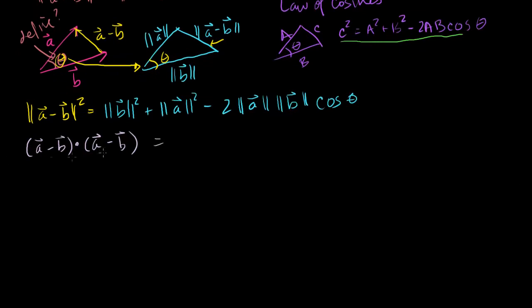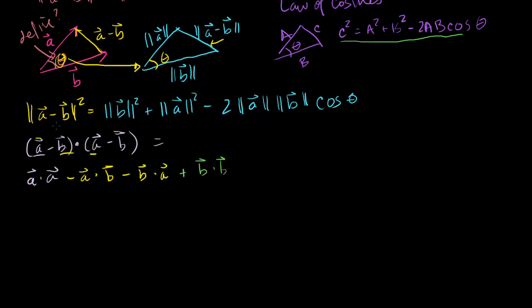A minus b dot a minus b is the same thing as a dot a, those two terms, minus a dot b, minus a dot b. And then I have minus b dot a, minus b dot a. That's those two terms right there. And then you have the minus b dot minus b, that's the same thing as plus b dot b.